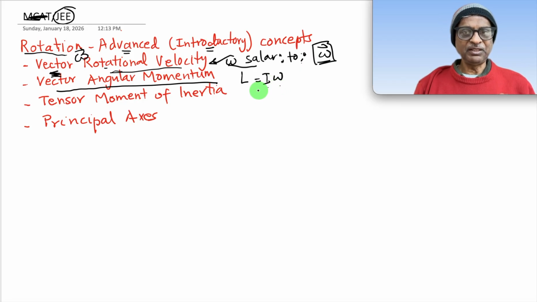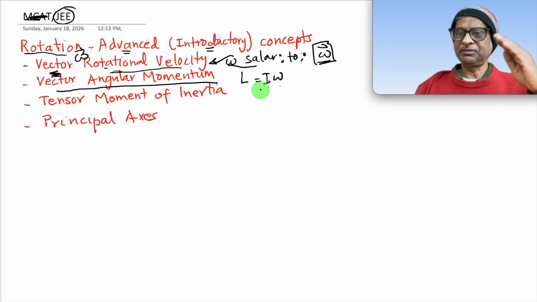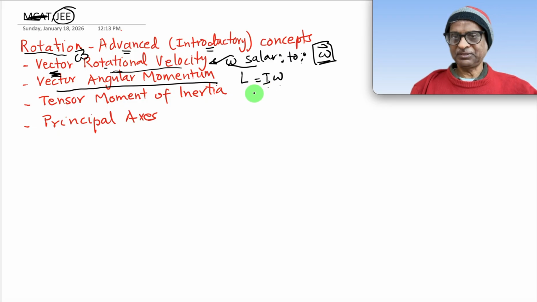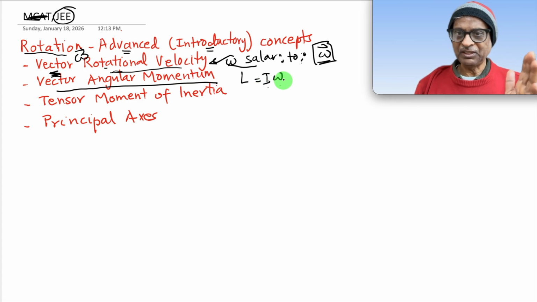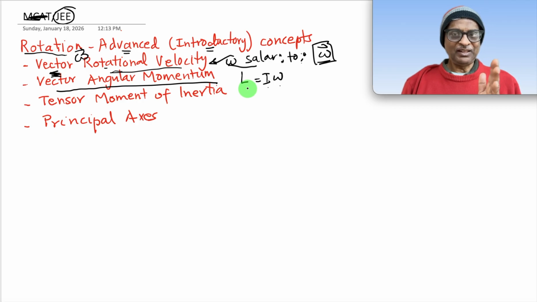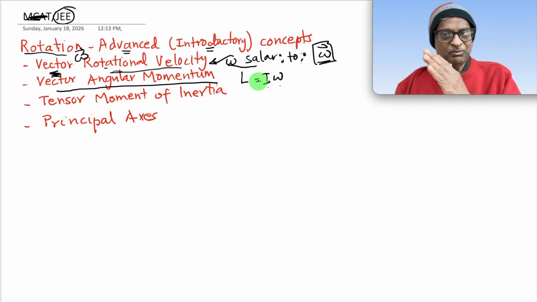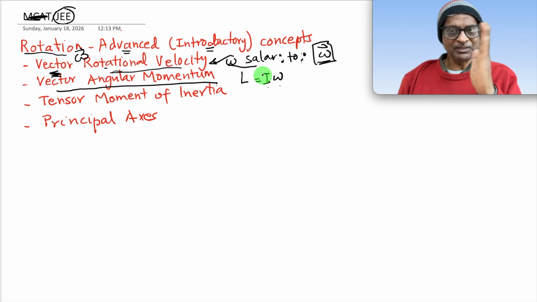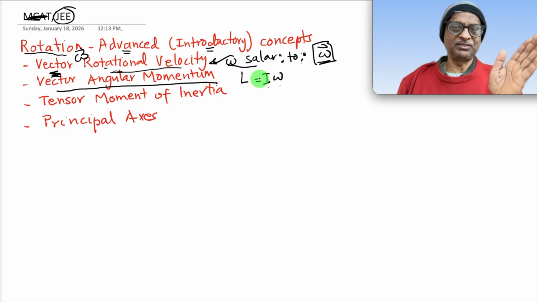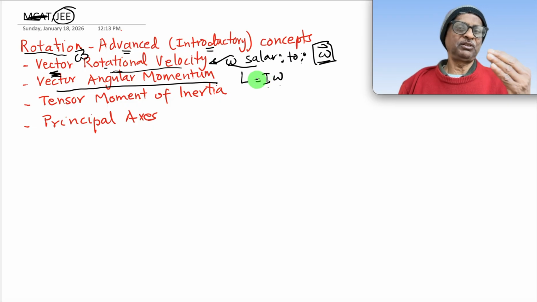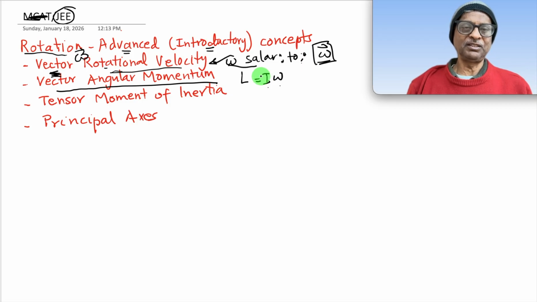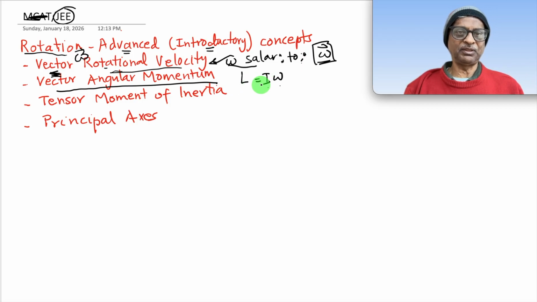But this is actually a very limited picture. I know in MCAT you can just skip over these details, and there's only one I, one omega, and one L that will be relevant, so you don't need to make a choice between what's relevant in a problem and what's not. But when you get to a little more advanced problems, you are going to have to think of this in an expanded view, that L is a vector.